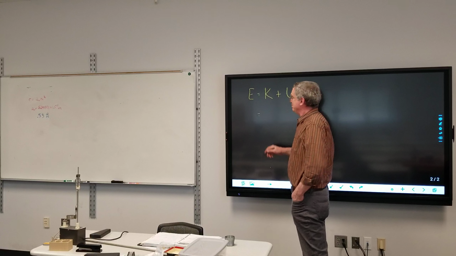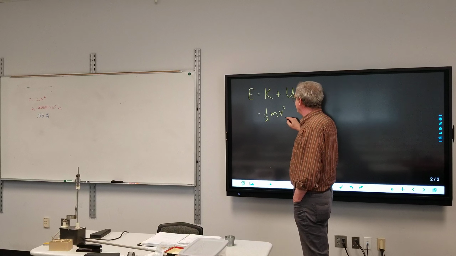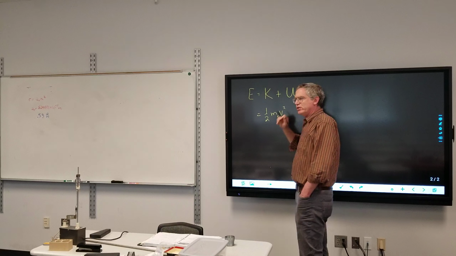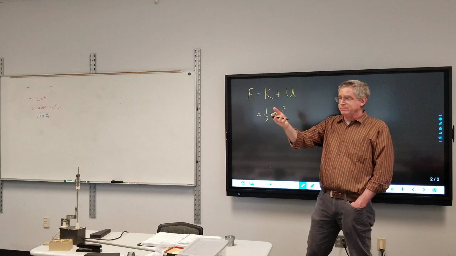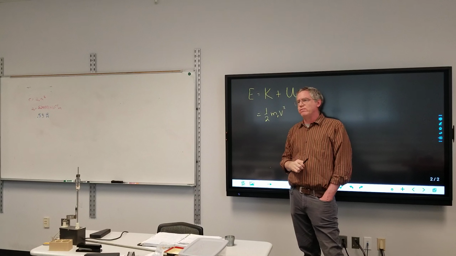So that's mass of the electron times the speed of the electron in its orbit, and then the potential energy. What's the formula for potential energy? The one associated with the electric force.